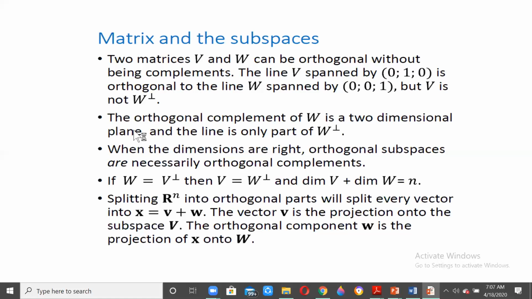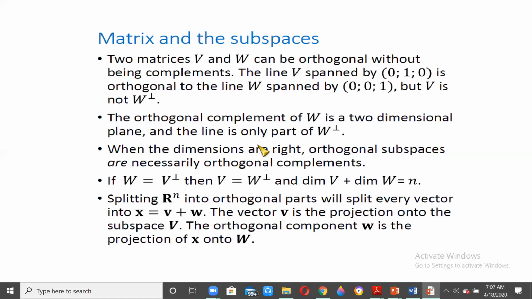W is a line, and the orthogonal complement of W is a two-dimensional plane, and the line V is only part of W perpendicular.